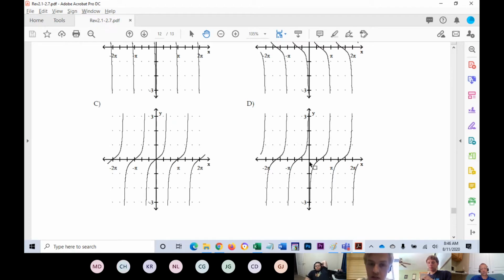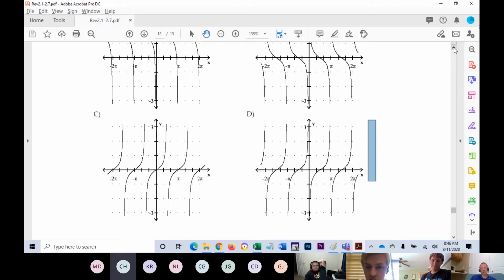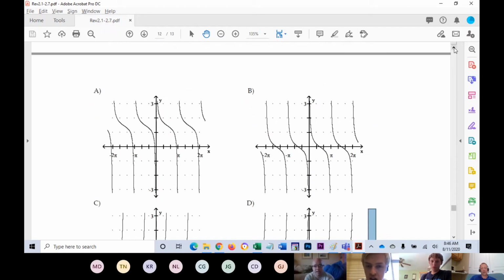So the review is actually saying it's either A or B. Am I getting my mixed up there? Yeah, tangent goes low to high, and cotangent goes high to low. Oh, so these are tangents. Okay. All right. So I messed up on that one. Yes. So it should go from high to low then.